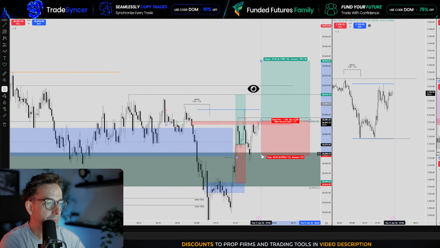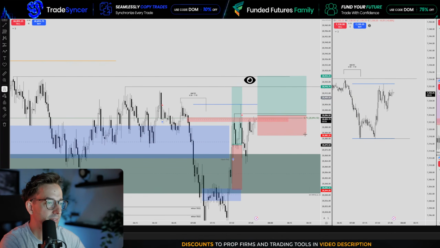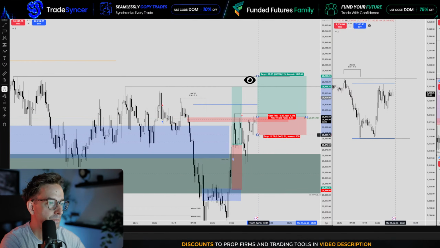This might be a scalp here. It closes above here and it fails to close below. What is that? That is 12 points.